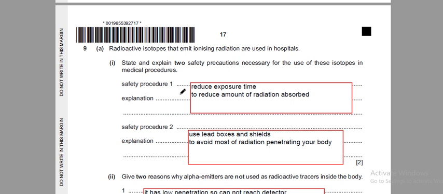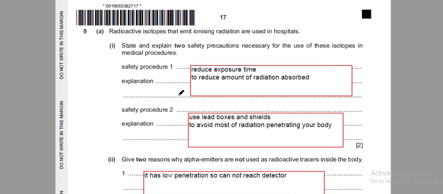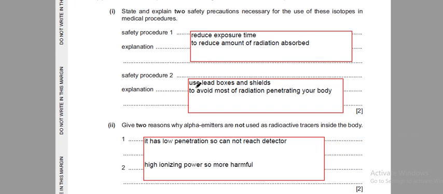Radioactive isotopes that emit ionizing radiation are used in hospitals. State and explain two safety precautions for using these isotopes in medical procedures. Reduce exposure time to reduce the amount of radiation absorbed by humans. Use lead boxes and gloves or shields to avoid most of the radiation penetrating your body.